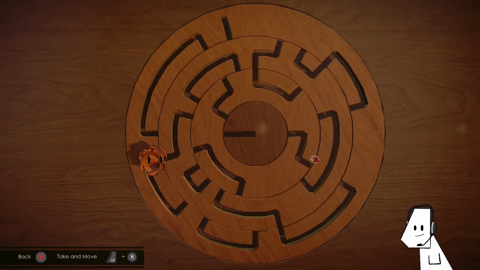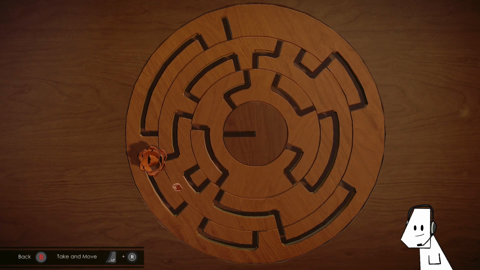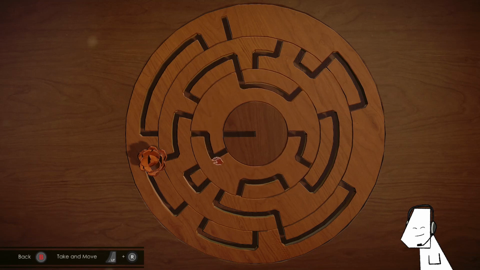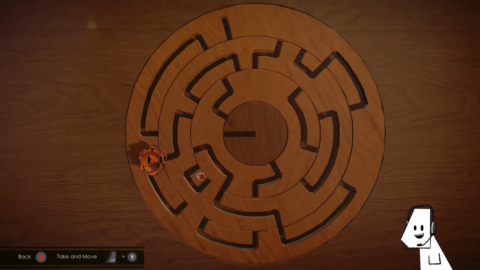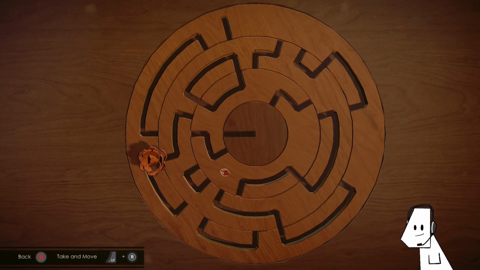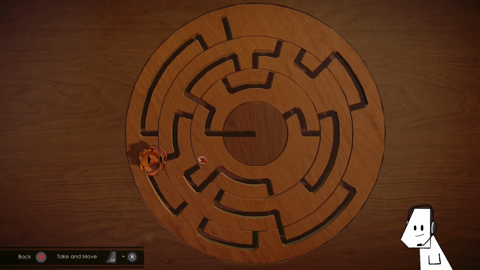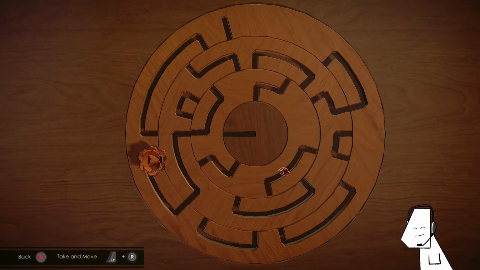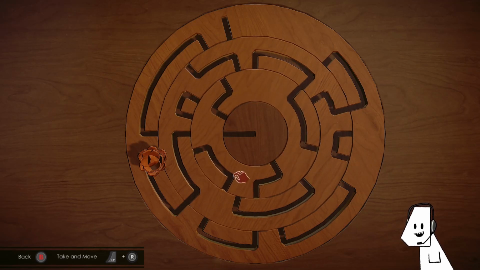Where's the right one? Where's the one that goes... Is it this one? What is going on? Oh, is it? No, because that would be a straight line. What the heck?